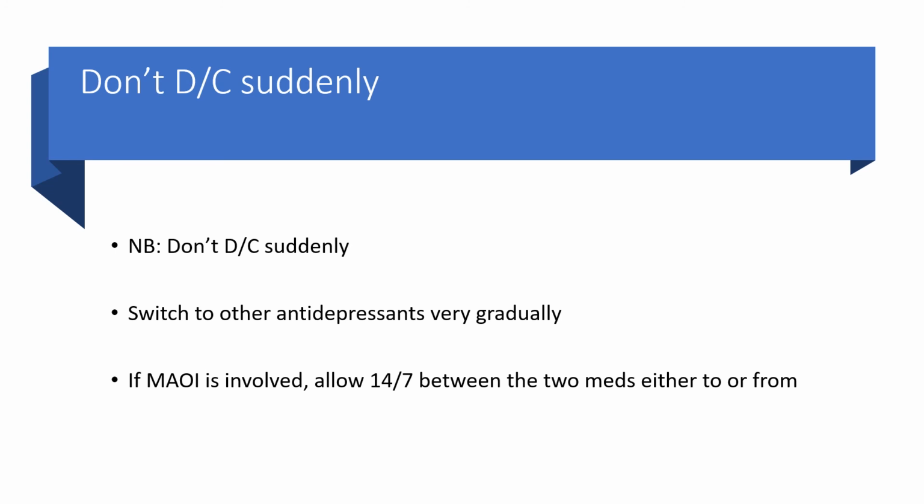If you are using a monoamine oxidase inhibitor and now you want to use mirtazapine, let there be 14 days. Or you've been using mirtazapine before and you want to switch over to monoamine oxidase inhibitors, let there be 14 days.